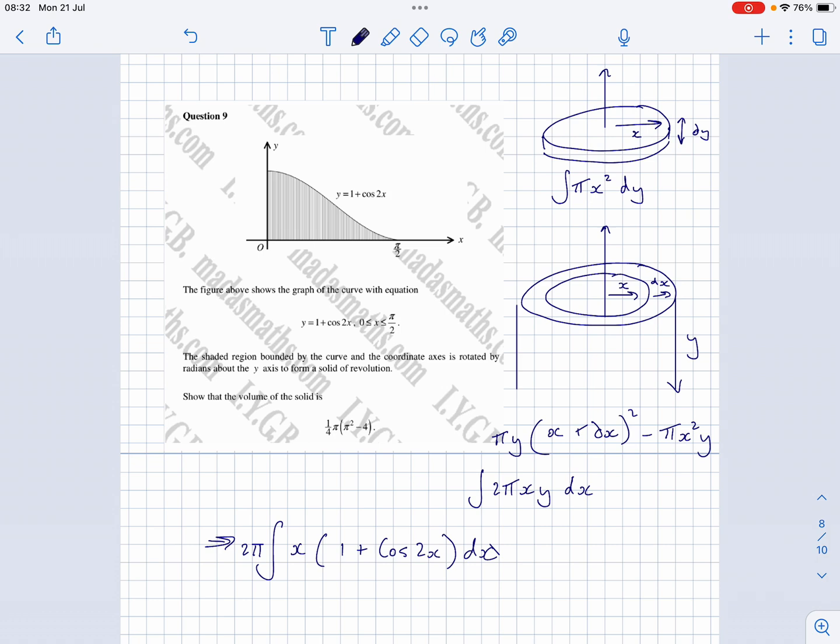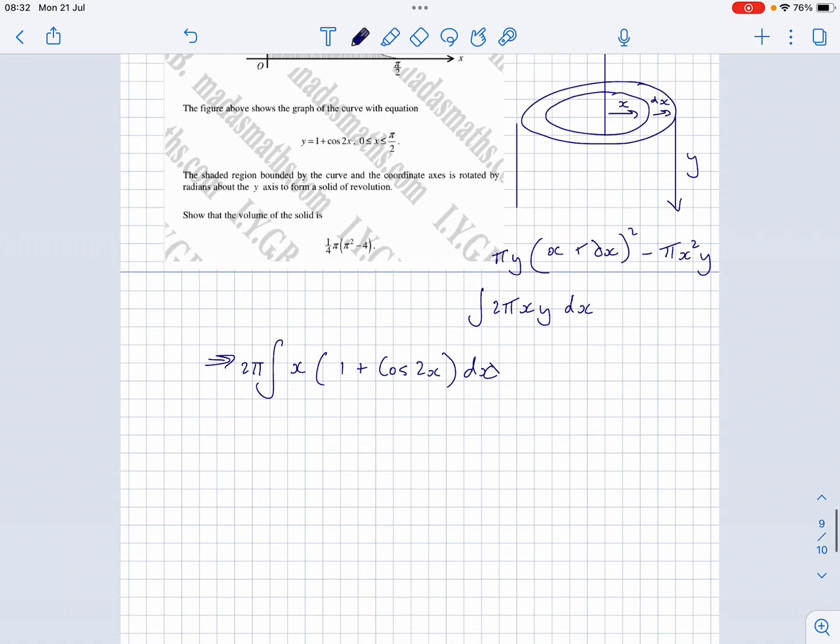Now, that in itself is how you would do this integral, because when you expand this bracket to make it something that you can integrate, the x is fine, but you get this product term, which is x cosine 2x. And I'll just put my limits in that I'm going to integrate between those. Okay.